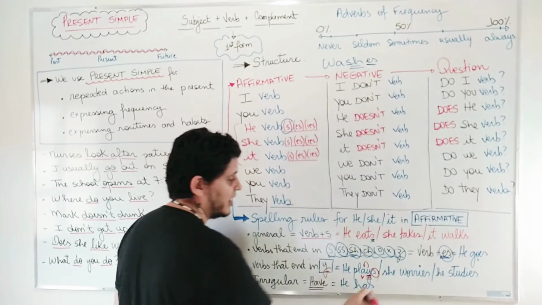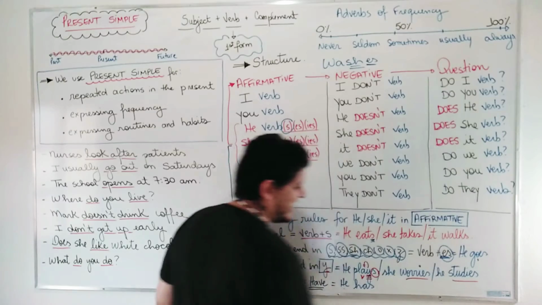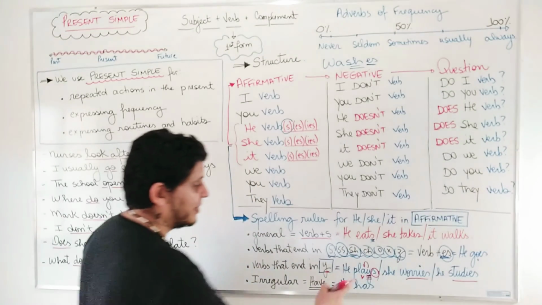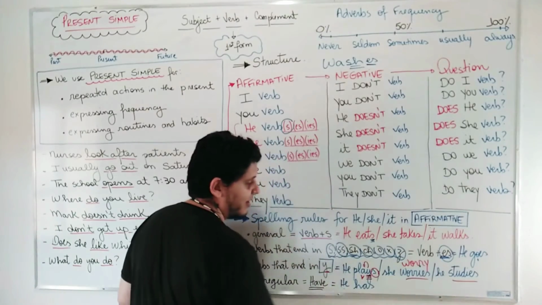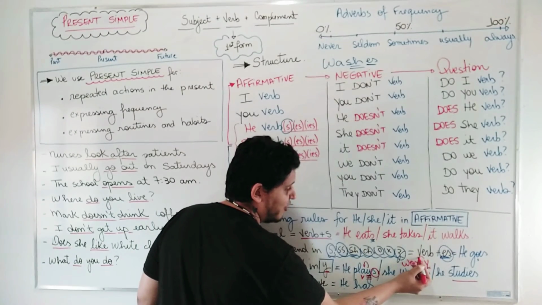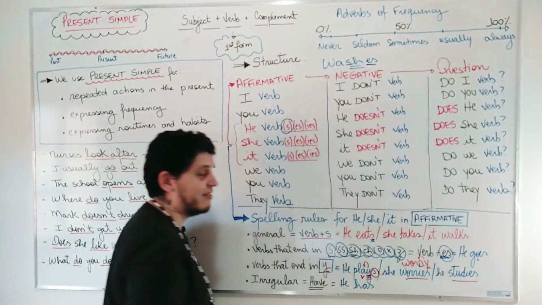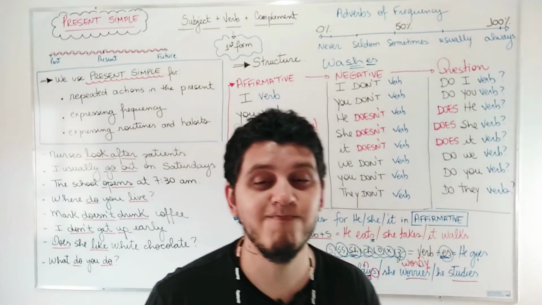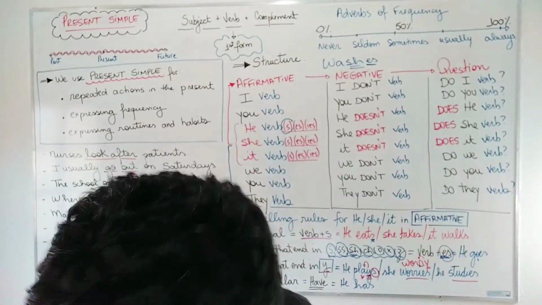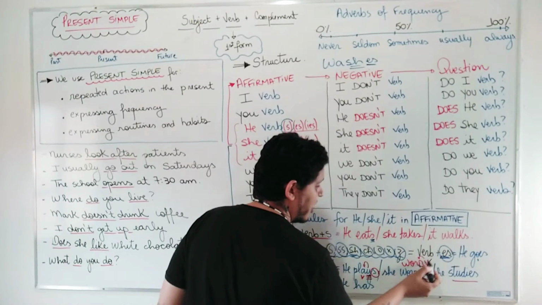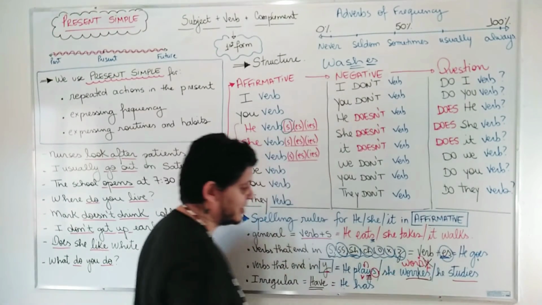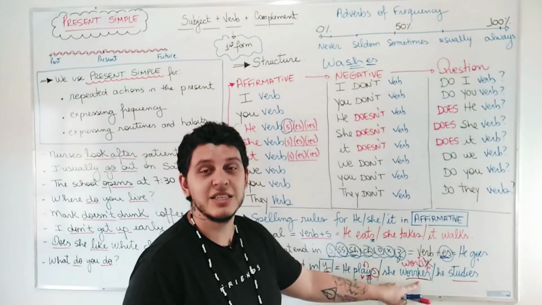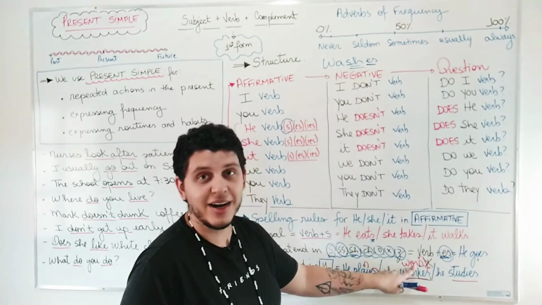But look at these two other verbs, studies and worries. The original verb here is worry. It finishes in Y, but before the letter Y, we have a consonant. In this case, what we do is we drop letter Y and we add IES. So she worries. This is the verb preocupar.